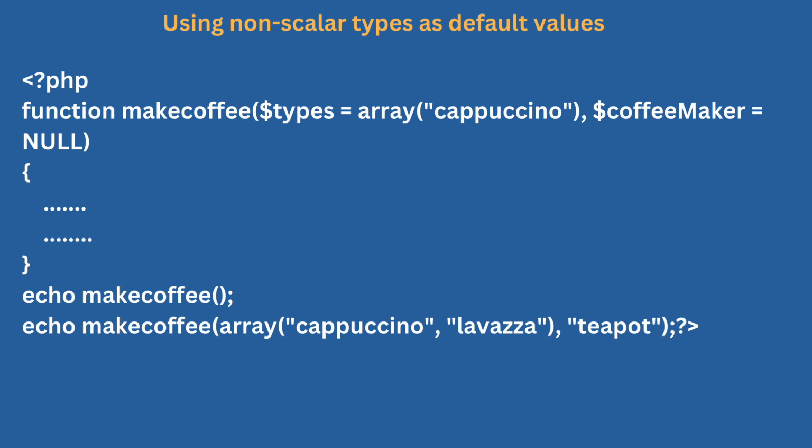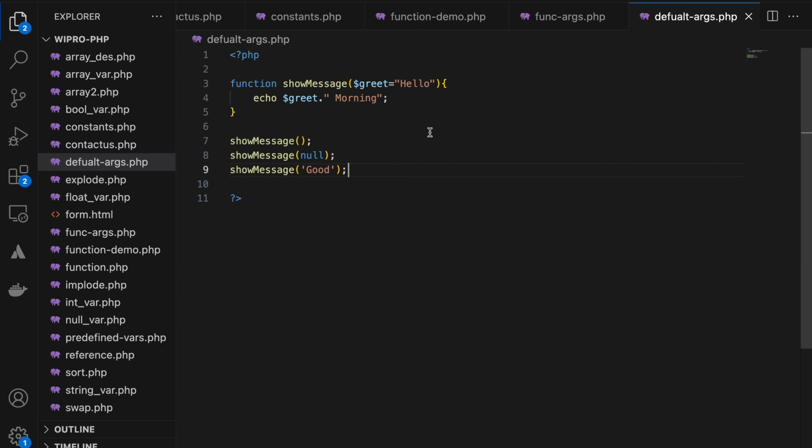Or should I demonstrate this one? Please demonstrate. Okay, no problem. What is the type of this default variable? String. So integer, string, null and boolean are what type of variables? Scalar.